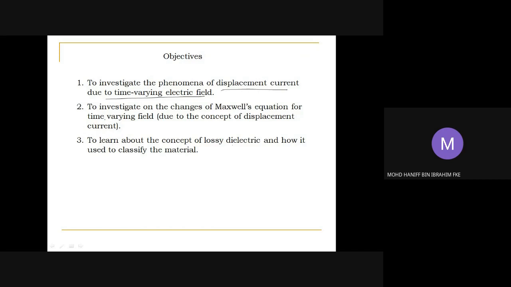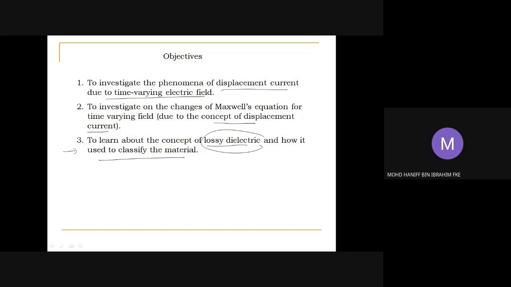Number two, we're going to investigate the changes to Maxwell's equations for the time varying field due to the concept of displacement current, and then conclude Maxwell's equations for the time varying field altogether. The third objective is to learn the concept of lossy dielectrics: the difference between lossy and lossless or perfect dielectrics, and how we can use lossy dielectrics to classify a material, whether it is a good conductor, a bad conductor, a good dielectric, or a bad dielectric.